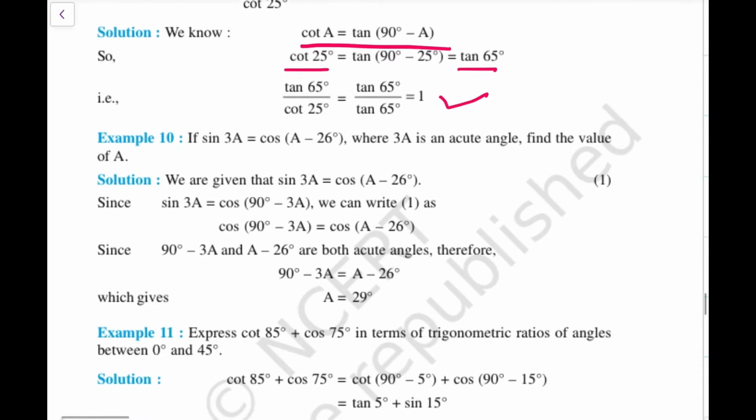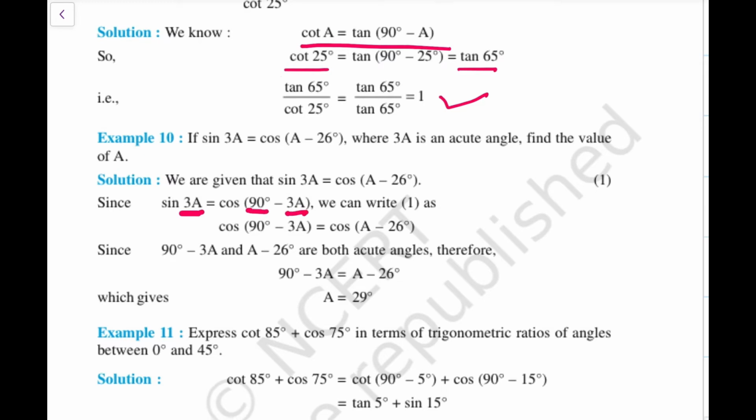Similarly, sine 3A is equal to cos A minus 26, where 3A is an acute angle. Find the value of A. We are given that sine 3A is cos A minus 26. Now sine 3A is equal to cos 90 minus 3A.